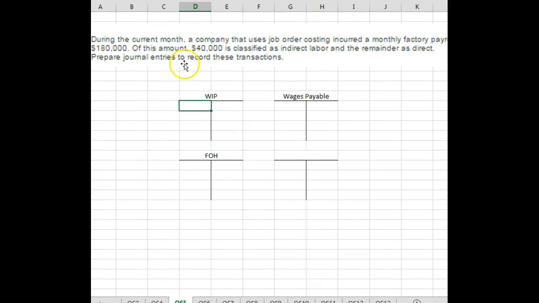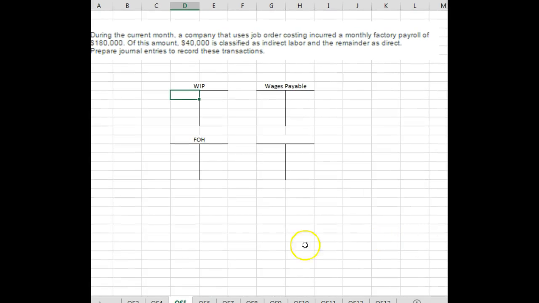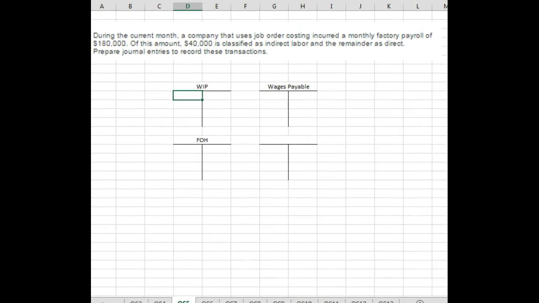And now, whoops, we're off the board with that, aren't we? I'll make that a little bit smaller so we can get that. There you go. During the current month, we have a factory payroll of $180,000, and $40,000 of it is indirect, and $140,000 of it would be direct. So how does this work out?